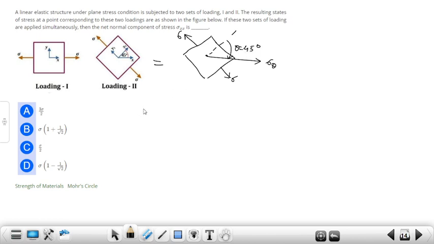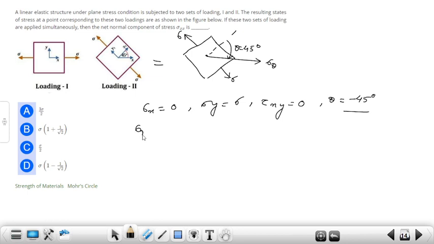So given sigma x is equal to 0, sigma y is equal to sigma, and tau xy, the shear stress, is equal to 0, and theta is clockwise, so taking it as negative, minus 45 degrees.